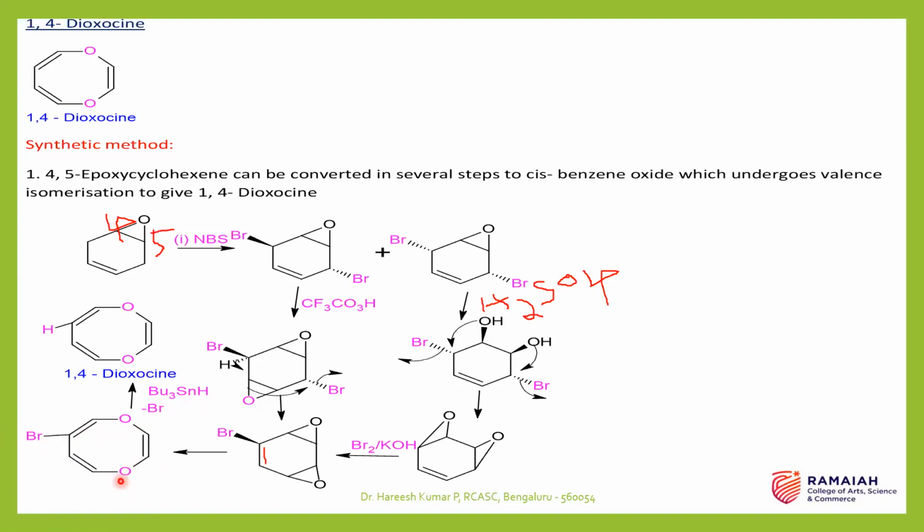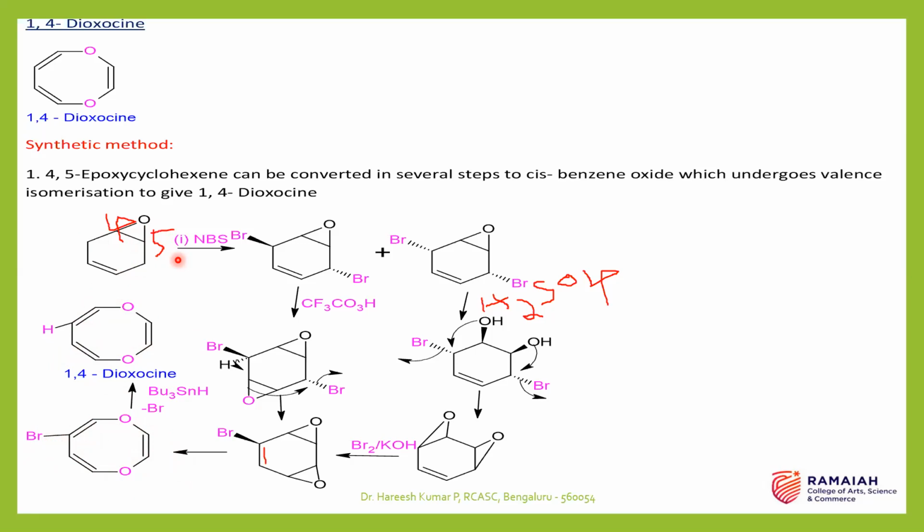You know that the conversion of bromo to hydrogen follows a free radical reaction. You can also try to write the mechanism for the conversion of bromo to the hydrocarbon. So this is how 1,4 dioxazine is obtained, starting with the 4,5 epoxy cyclohexene. This is one method of preparation of 1,4 dioxazine.